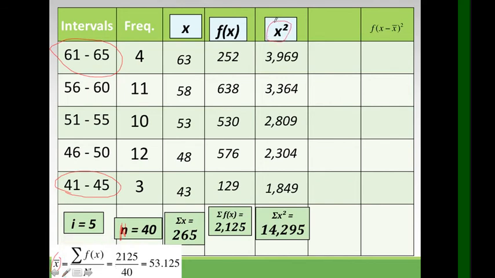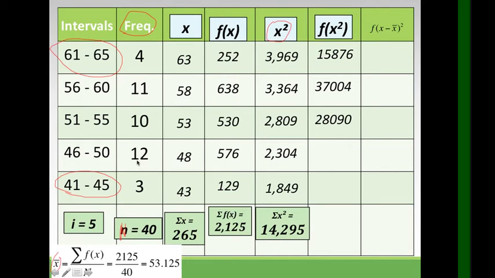After that, etong nakuha natin dito, etong summation of x squared, okay, imumultiply natin ulit si frequency. So, ibig sabihin, 4 times 3,969, okay, ang makukuha natin ay 15,876. 11 times 3,364 is 37,004. 10 times 2,809, 28,090.